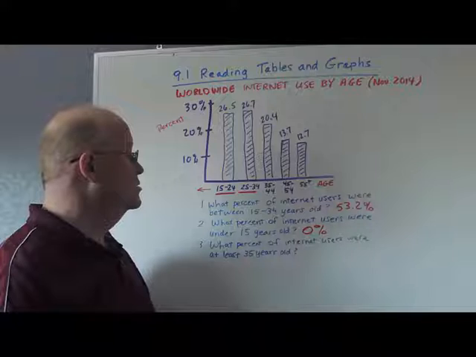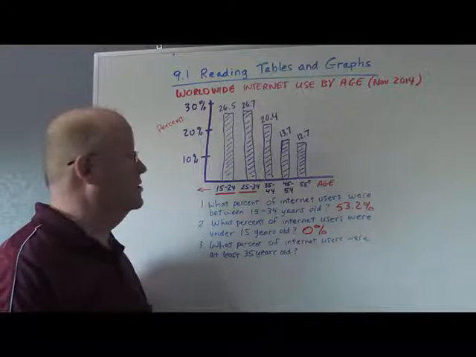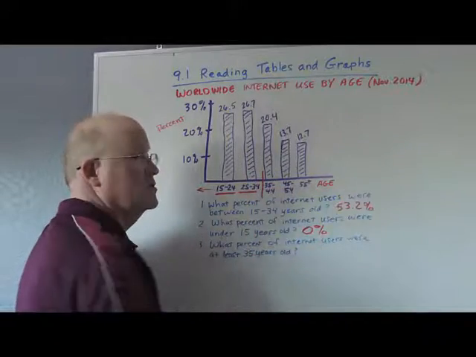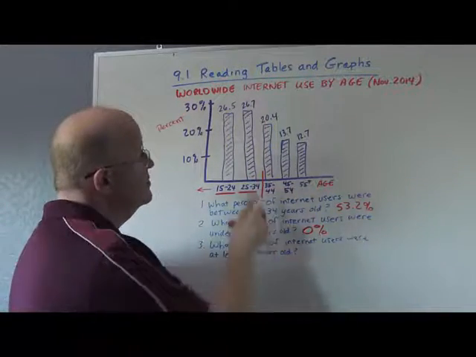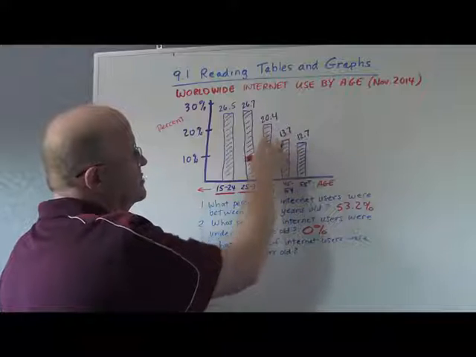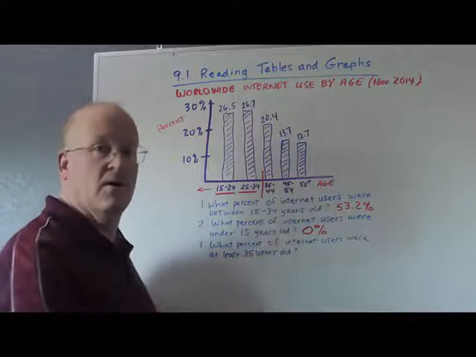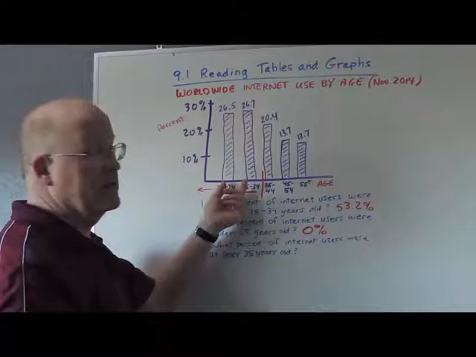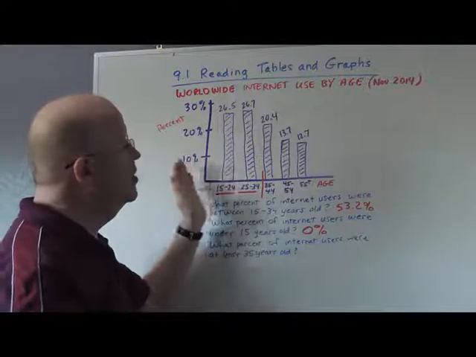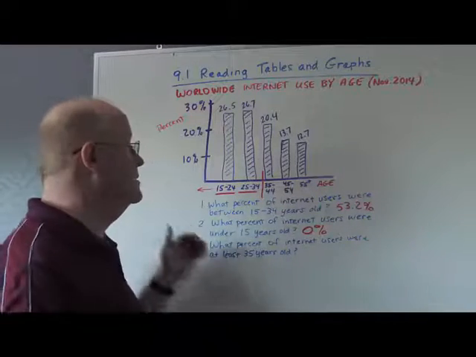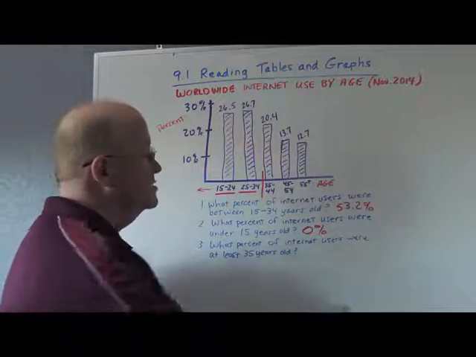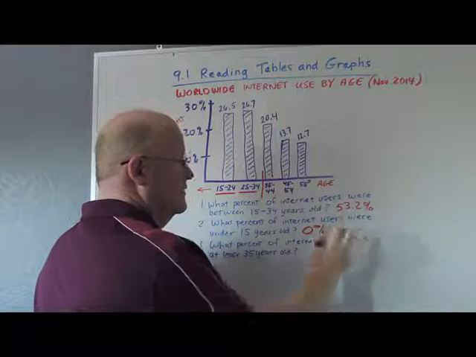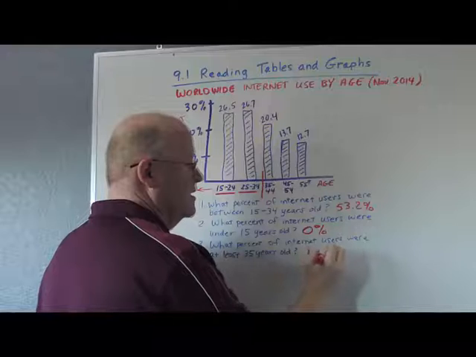What percentage of internet users were at least 35 years old? At least means 35 or more. So I have two ways to do this. I can either add together these three percentages for these final three bars in this bar chart, or I've already summed up the total of these first two, and we know that they're already going to add up to 100% from question number 2, and so we could subtract the 53.2% from 100% to get 46.8% that way.